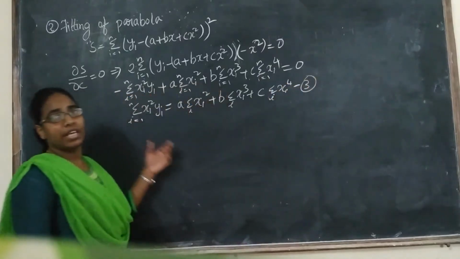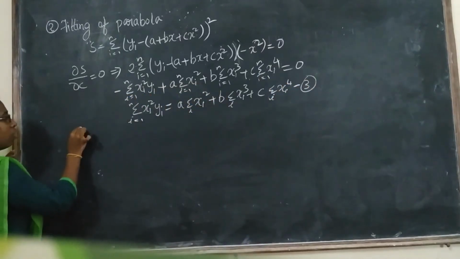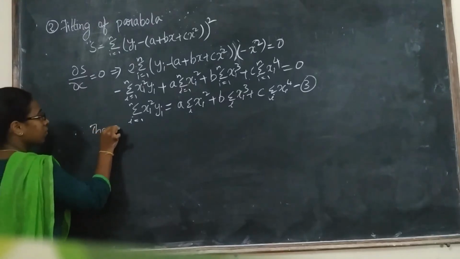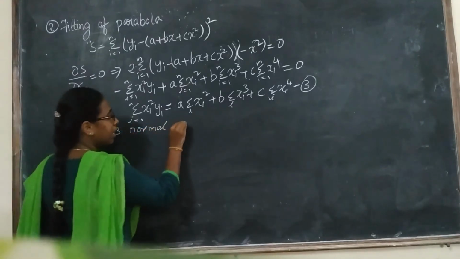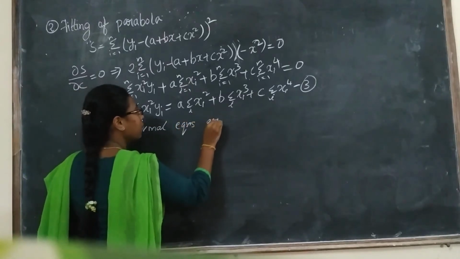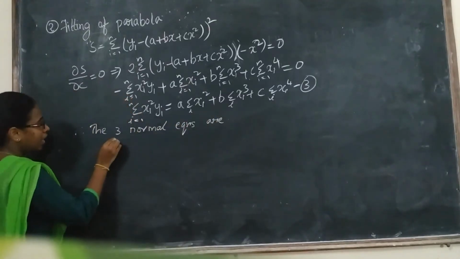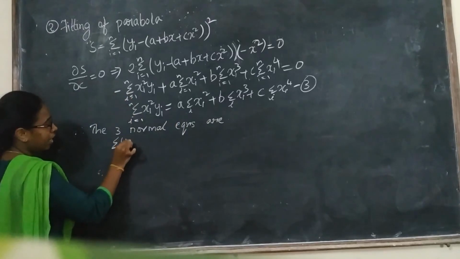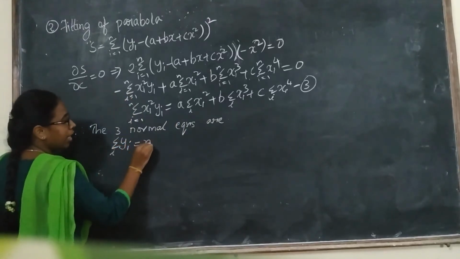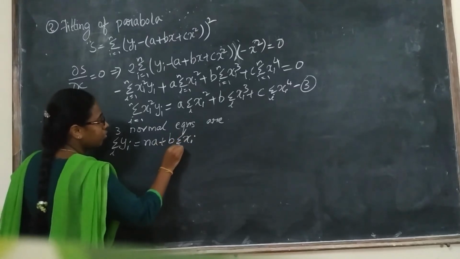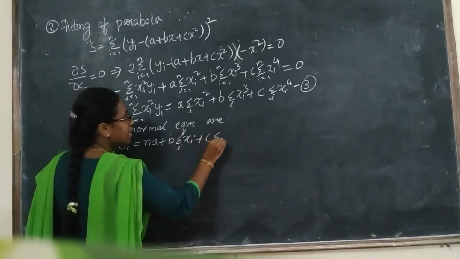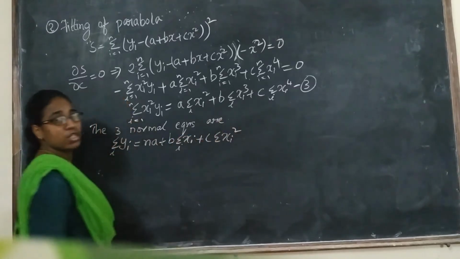Now we got 3 normal equations. What are the 3 normal equations? Therefore, the 3 normal equations are, what is the first one we got? Summation yi equals to na plus b summation xi plus c summation xi square.